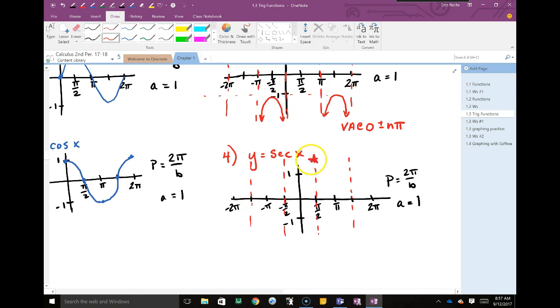I'm going to star that first one so I remember where that first parabola goes. Let's list that as my vertical asymptote. Where's the first one at? Pi over 2. Good. Plus or minus n pi, same thing, every 2 increments.